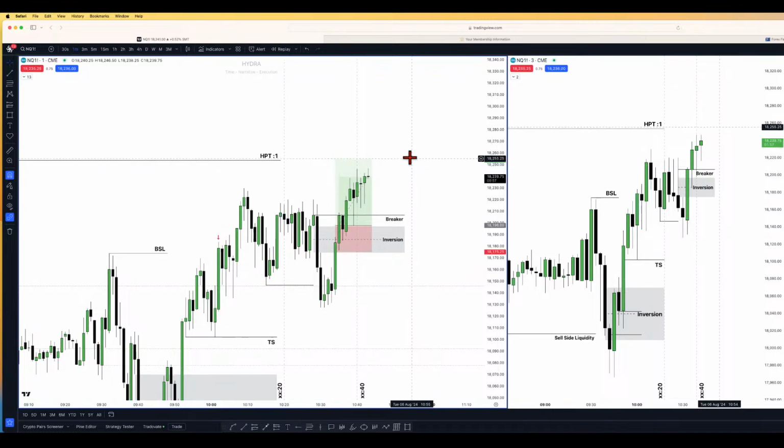All right, I see price at least moving this much, so here I'll be closing one contract, and one contract I will leave for a runner. Let's see if it takes me a little bit higher.